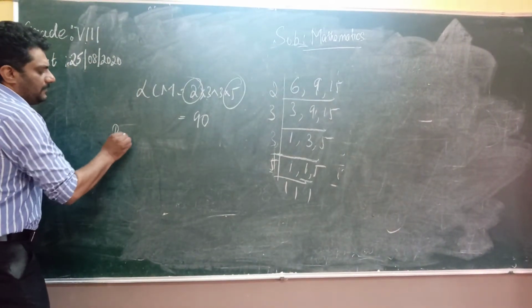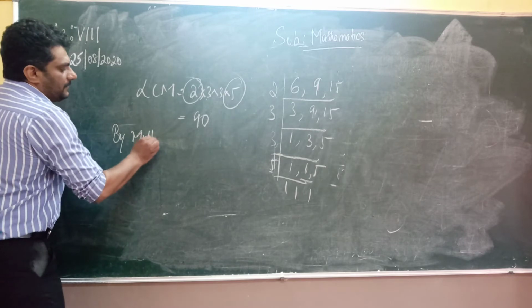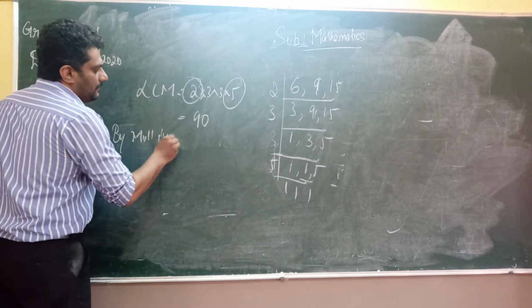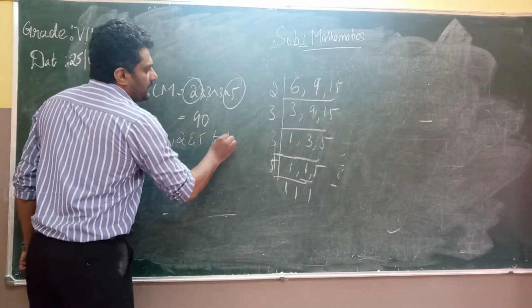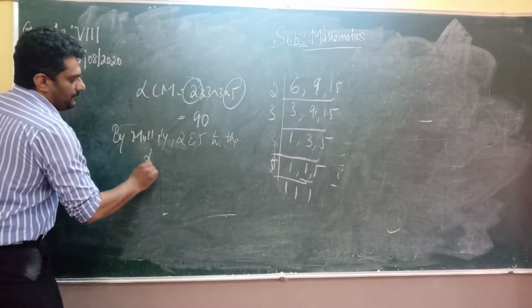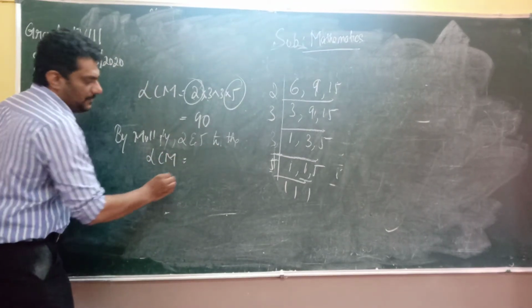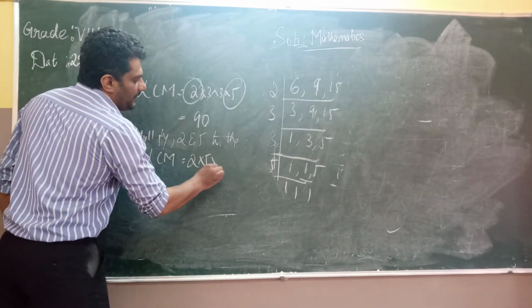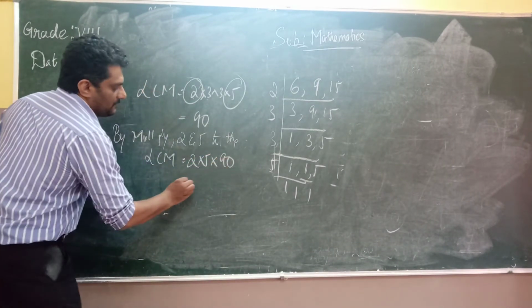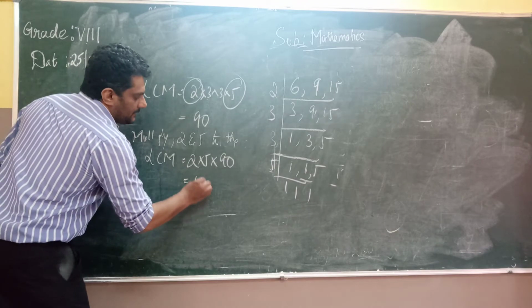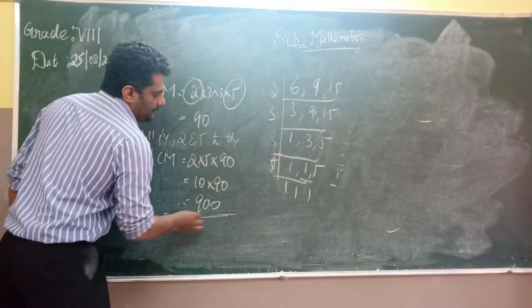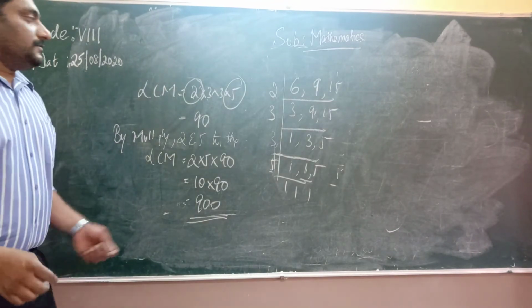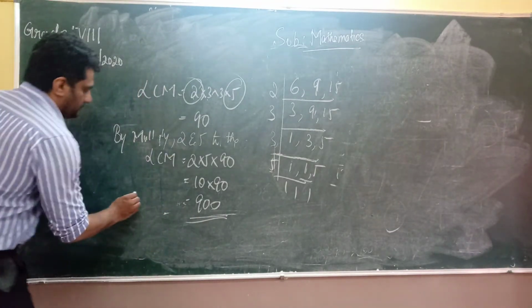So by multiplying 2 and 5 to the LCM, which is nothing but 2 into 5 into 90, which gives you 10 into 90. This is the answer for this.